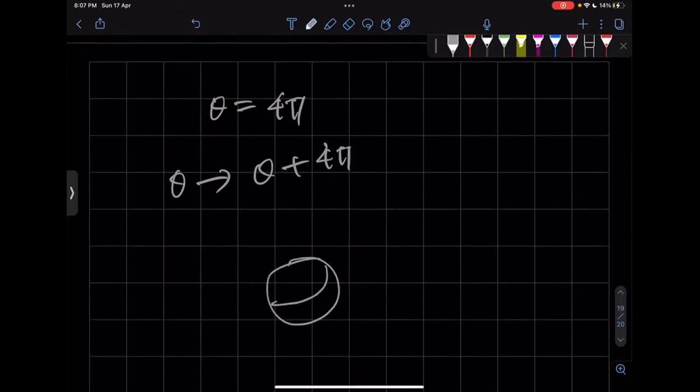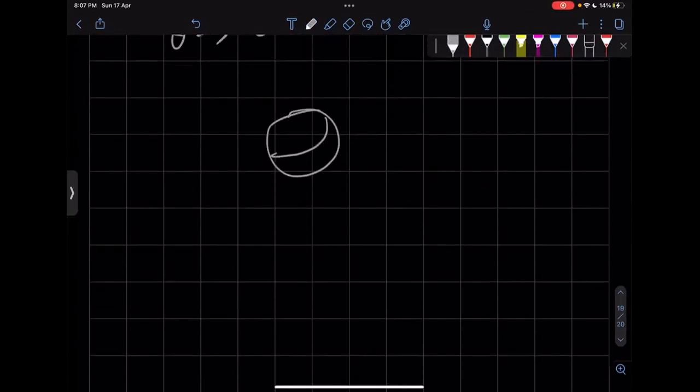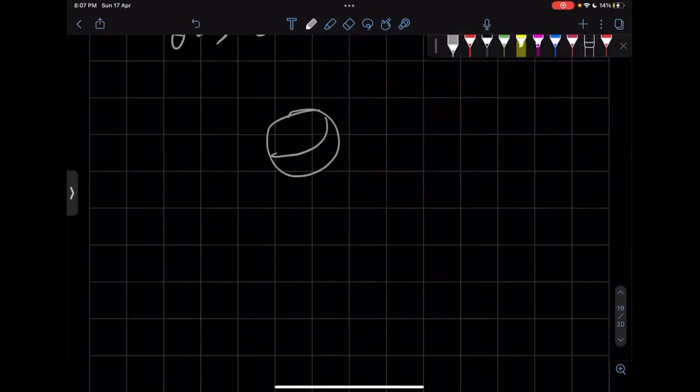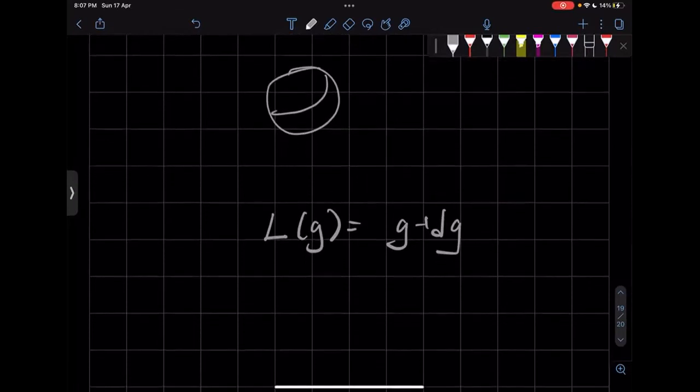Now let me come back to the formal definition of a distance. In your tutorial yesterday, I gave you something called a left invariant one form, L of G, and you saw that this was a Lie algebra valued one form.